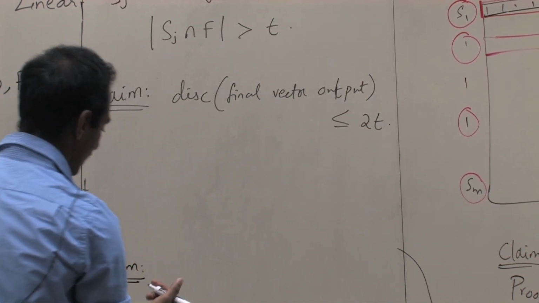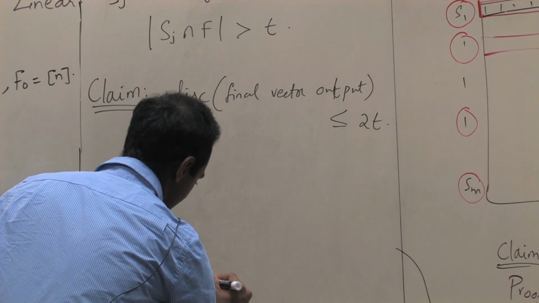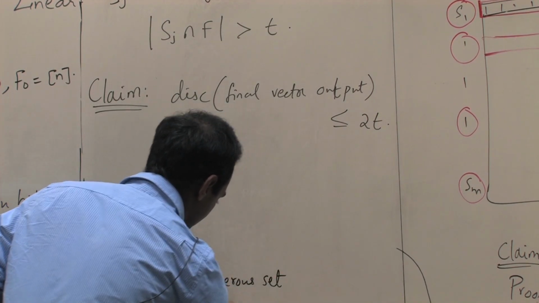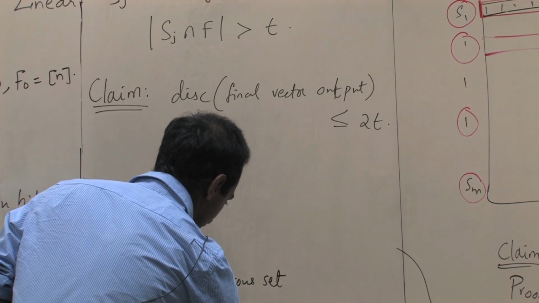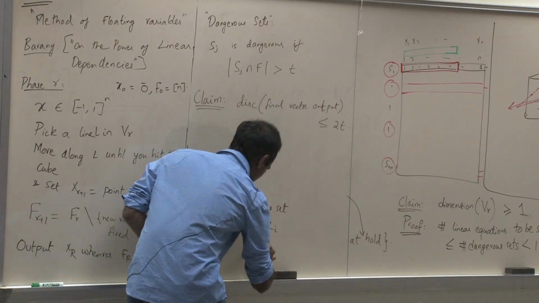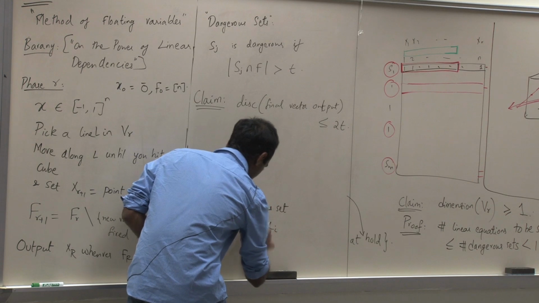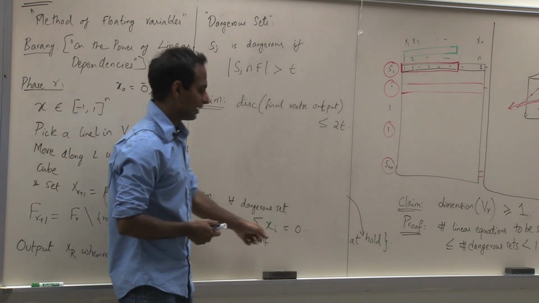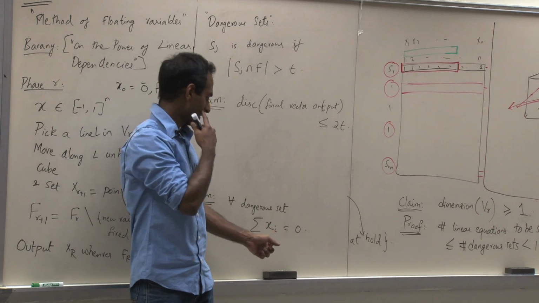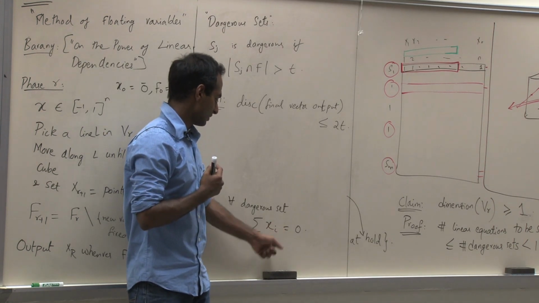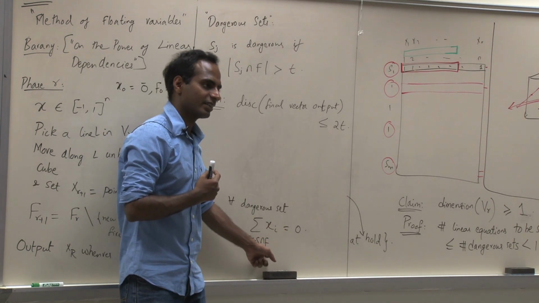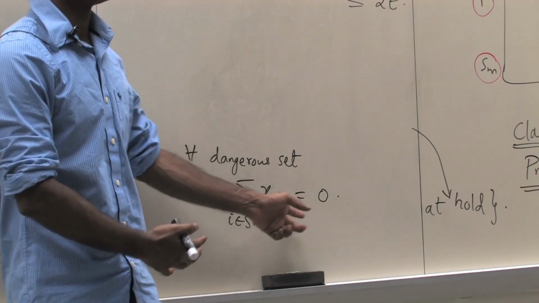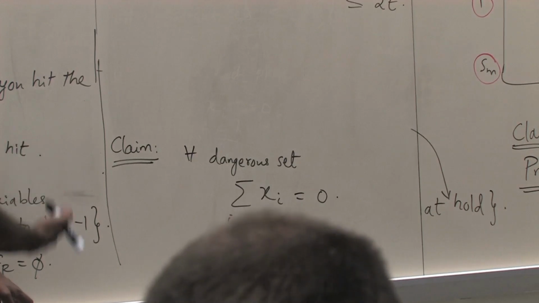Why? Well, I erased it, but we had this invariant that for every dangerous set, if I look at the sum of the x's in the floating variables in the set, I get 0. That was an invariant that we maintained throughout the execution of this algorithm.